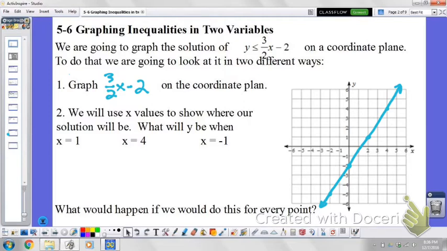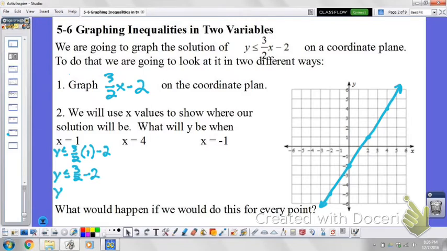So whenever x is equal to 1, let's substitute this 1 into my inequality to see where y can be. So I have y is less than or equal to 3/2 times 1 minus 2. 3/2 times 1 is just 3/2, so I have y is less than or equal to 3/2 minus 2.